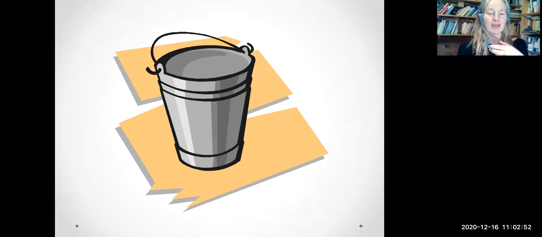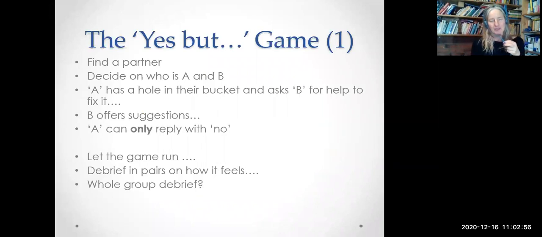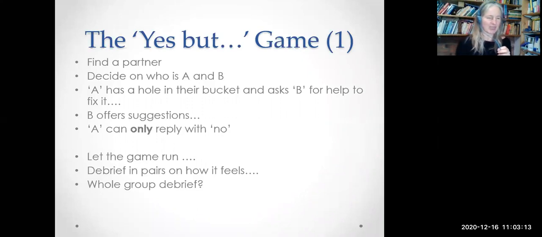So here is your bucket. You're going to imagine that you have a partner, or you're going to find a partner and decide who's going to be A and B. Person A's got a hole in their bucket and asks B for help to fix it. So person A starts off by saying, I've got a hole in my bucket. Can you help me fix it? And B is going to say, yeah, you could. It doesn't have to be sensible. So it could be that you mend the bucket with macrame.